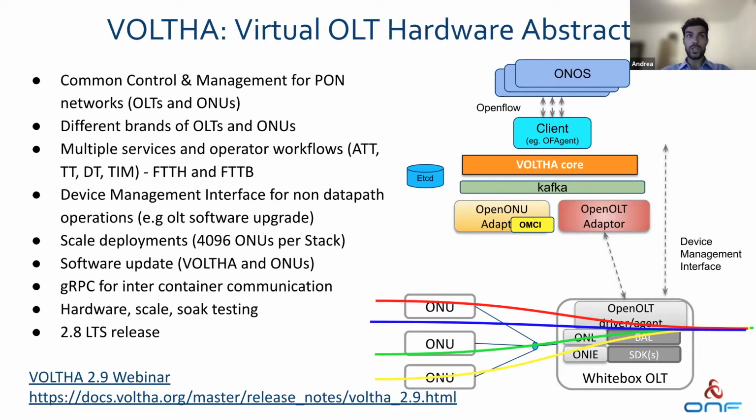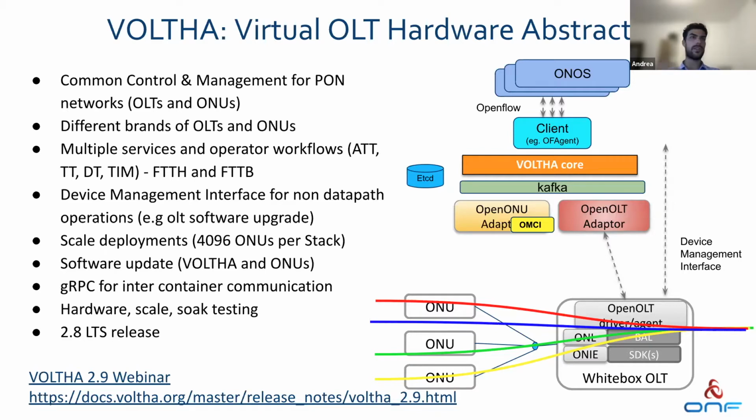We have reached, with this release, 4,096 ONUs per stack. So this VOLTHA stack that you see can manage up to 4,096 single subscribers. And it is capable of doing a software update, both in-service software upgrade of the VOLTHA stack, and also update of the OLT and the ONUs.